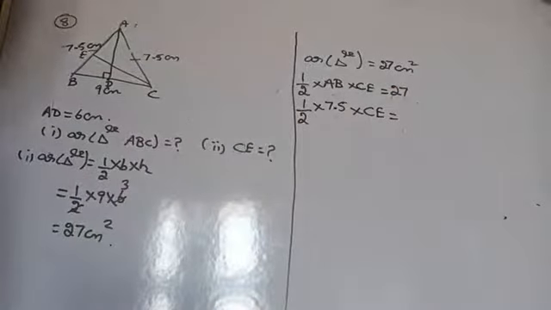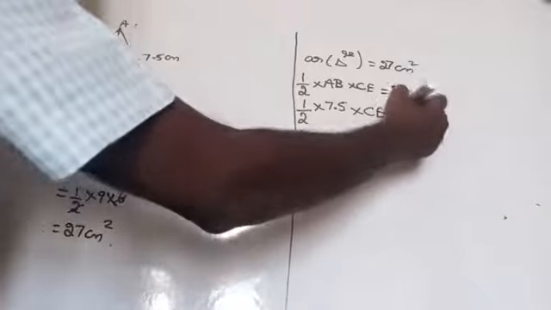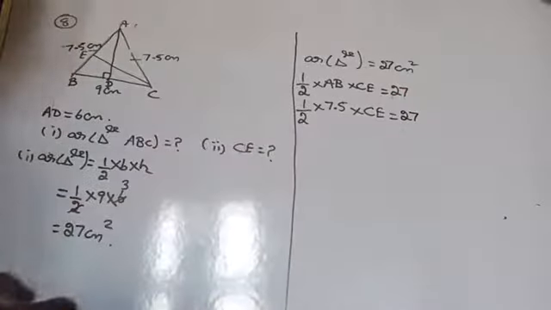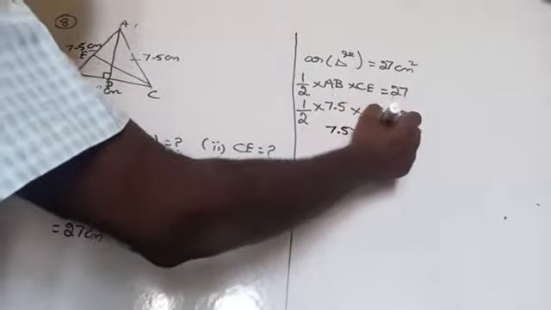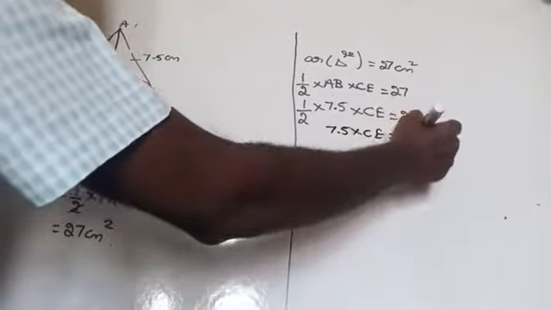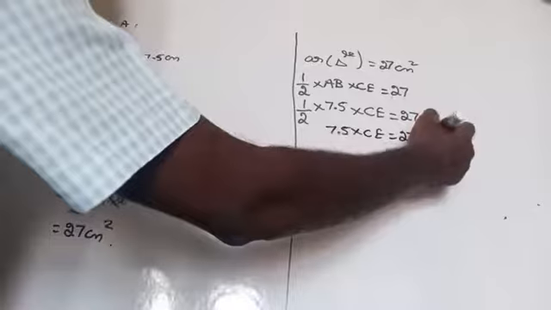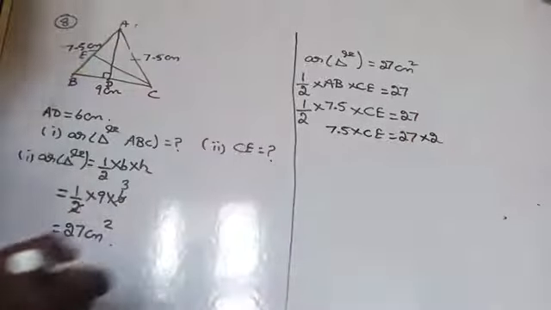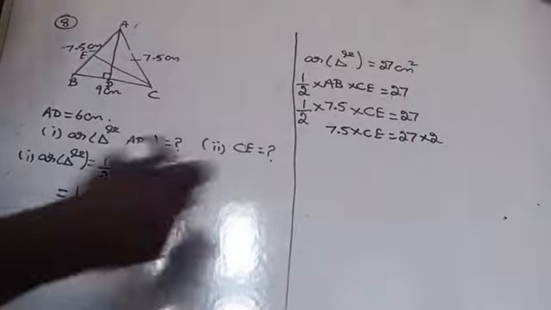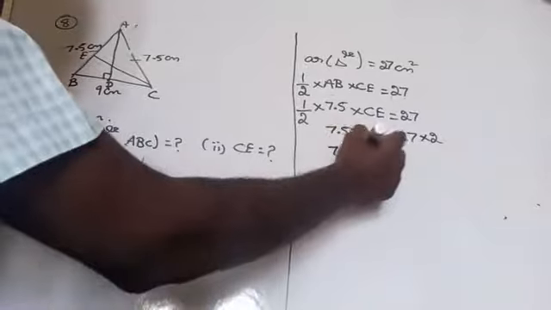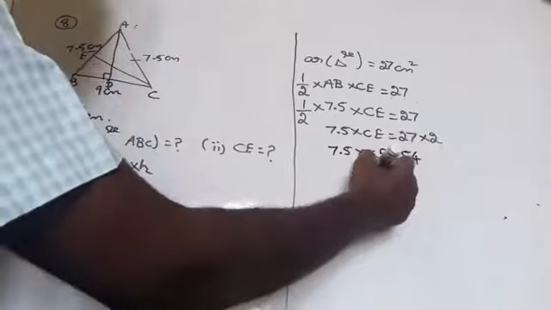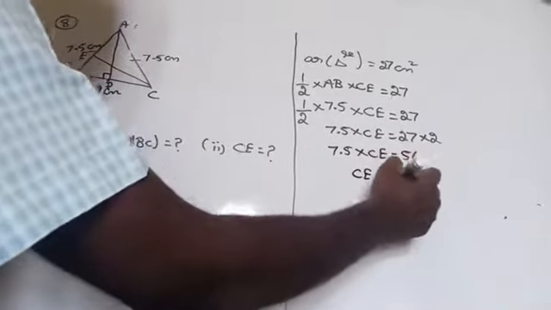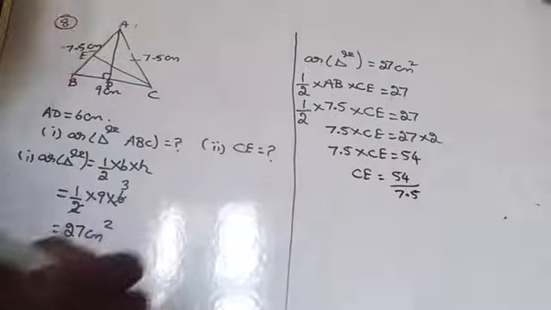So half into 7.5 into CE is equal to 27. Am I right here? Now 7.5 into CE is equal to 27. Divide by 2 becomes multiply, so 27 into 2. So 7.5 into CE is equal to 27 twos, how much? 54. So CE equals 54 by 7.5. Am I right or wrong?